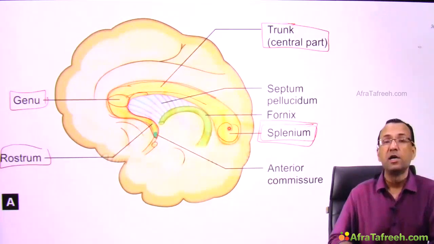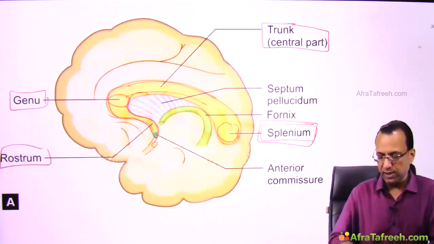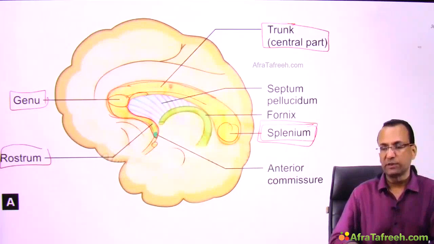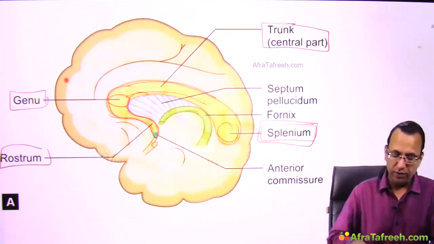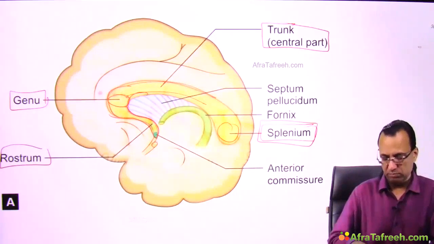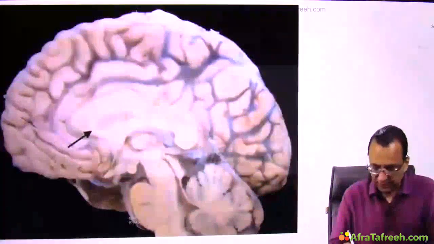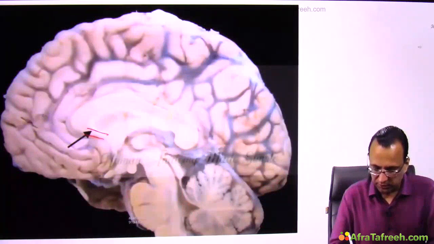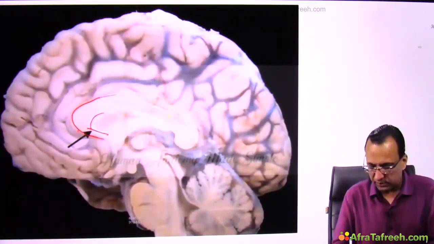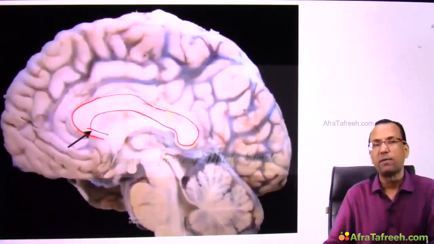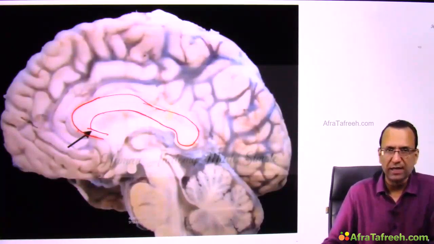Splenium is the axons where you are connecting occipital visual cortex with the occipital visual cortex. If you want to connect the temporal with temporal, use the trunk region. And if you are connecting frontal lobe with frontal lobe, use the genu region. So, as you see, this is the rostrum, this is the genu, that is the trunk region, that is the splenium.